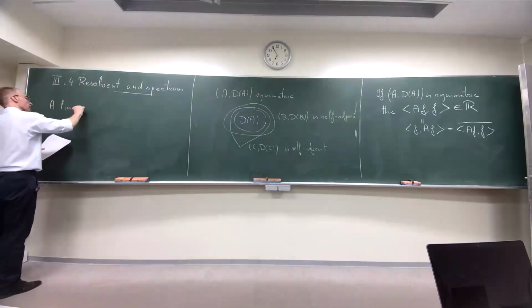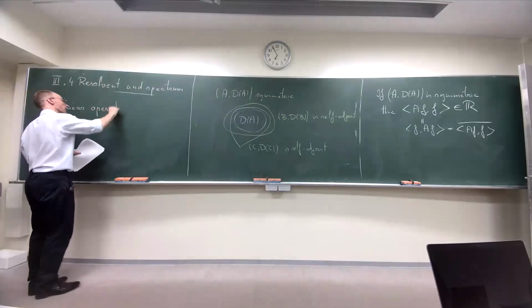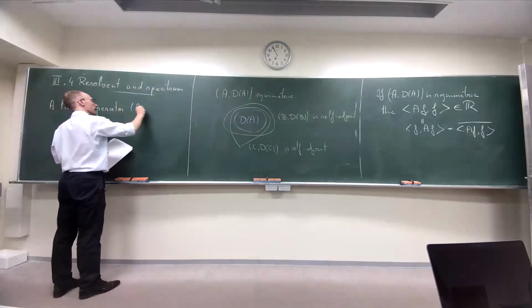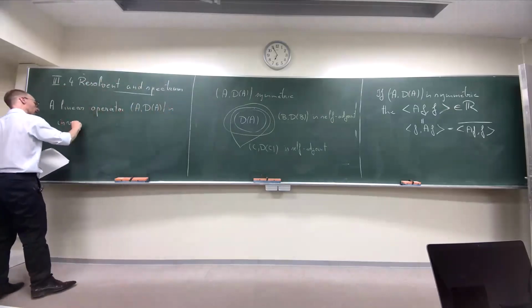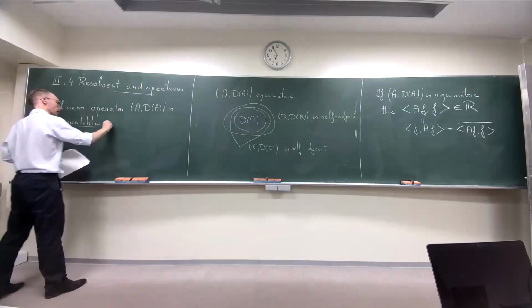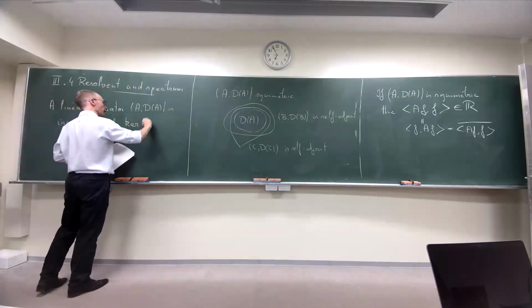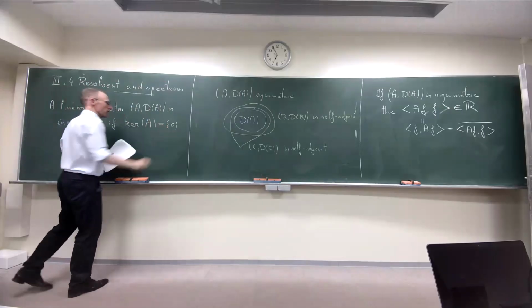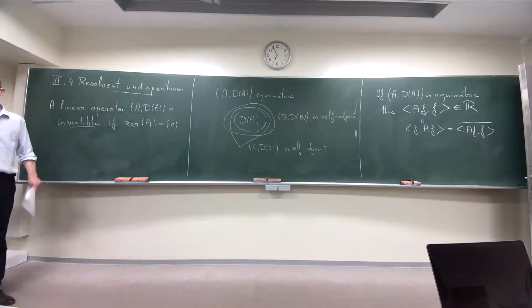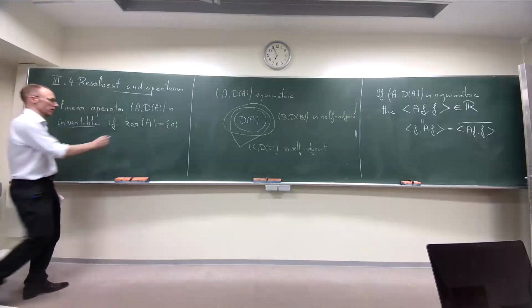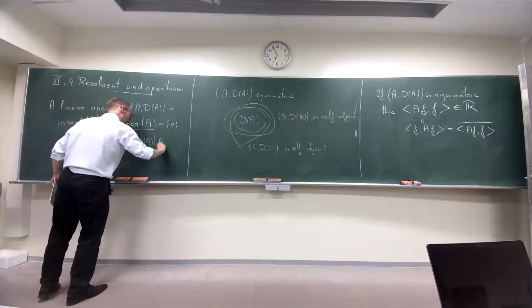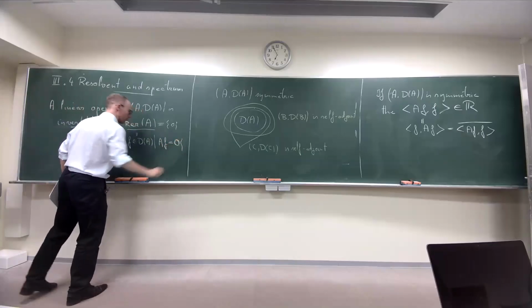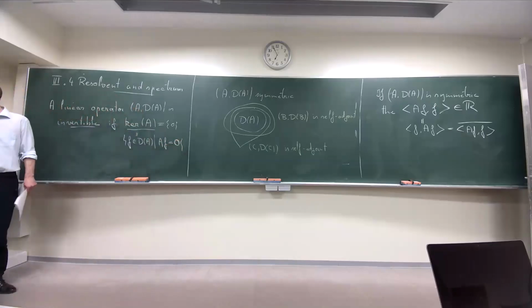Like for bounded ones, a linear operator A with domain D of A is invertible if, remember, the kernel of A is only 0. So the kernel is the set of F in the domain so that AF is 0, and the only one is 0. 0 is always sent to 0, okay?